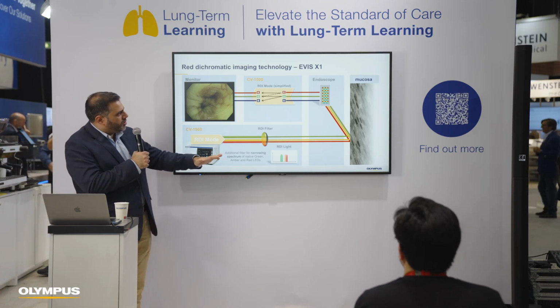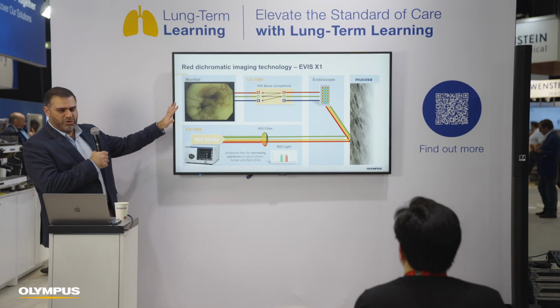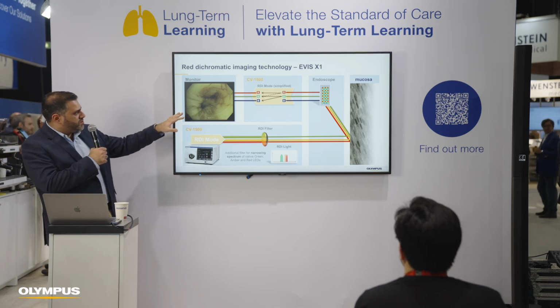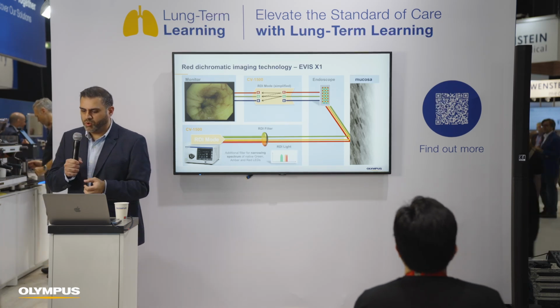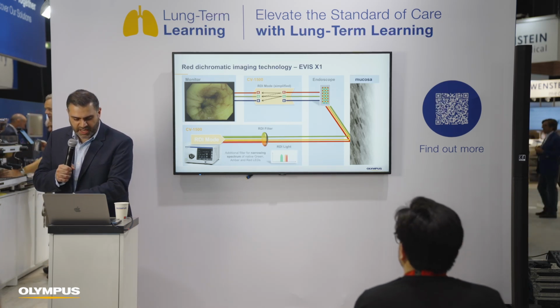When it hits the mucosa, what you get back is this amberish color. I'll talk about how it shows you blood vessels with a lot more clarity than any other white light imaging. I've got a few cases, and I'll run through them, and we can then have some questions at the end to discuss.